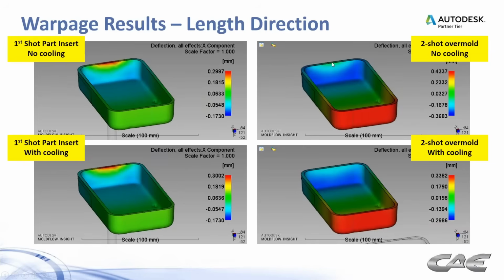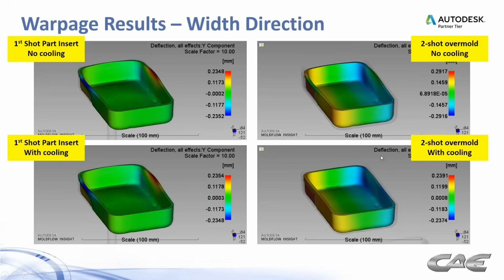So you see some differences in the deflection of that far edge there. And my point in bringing all this up is that there are differences in the results depending on how you model it. Here I've exaggerated the results a bit by a factor of 10, and now we're looking at the width direction. You can see how things change when we model things as part inserts and when we model the 2 shots together using the overmold.